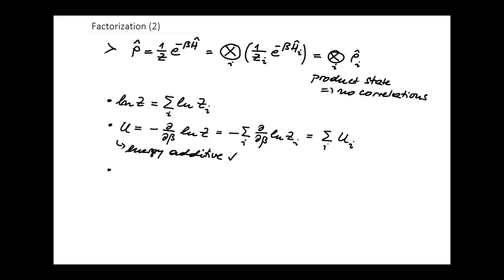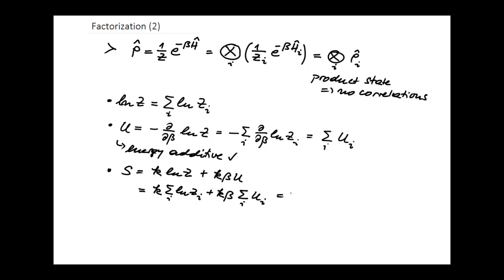What else can you say? You can look at the total entropy. The total entropy, that's k log total partition function plus k beta times U. Now again, we take that from our general formula. We use additivity of log Z, so we have k sum over i of log Z_i plus k beta, and then we use the additivity of energy, that's simply the sum of the U_i's.